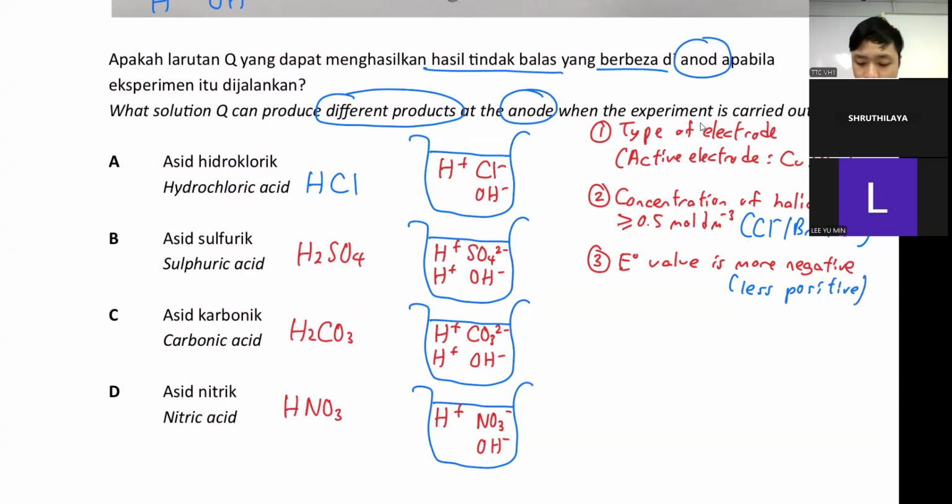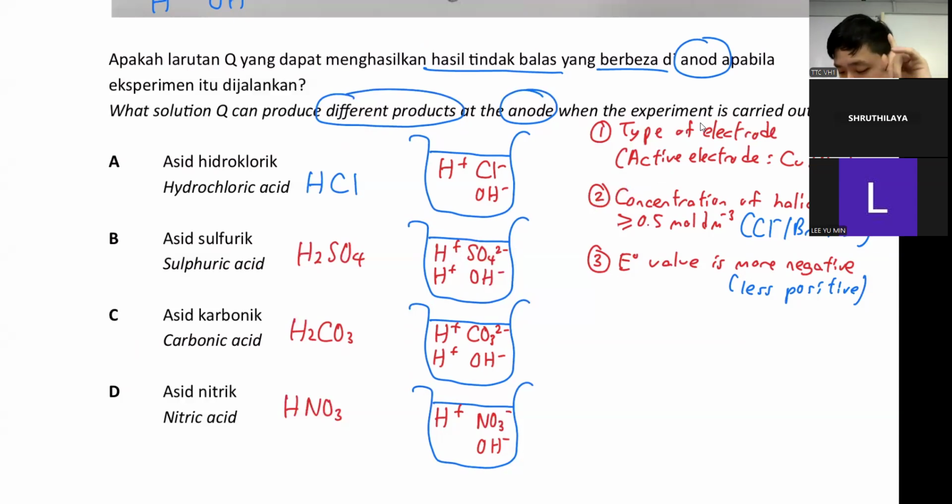So you see, the problem is you know which one, right? Normally, in all of these you choose H plus because we only have H plus. All the H plus here will undergo reduction. But which one will undergo oxidation? Now, talking about the second factor, here we have Cl minus in hydrochloric acid.